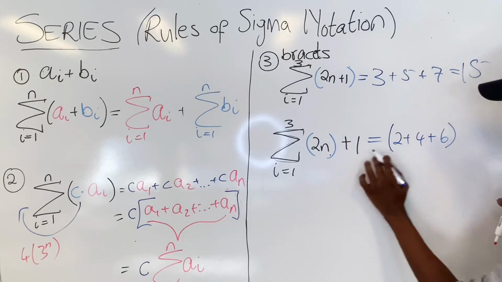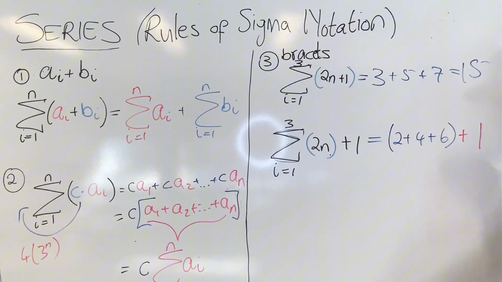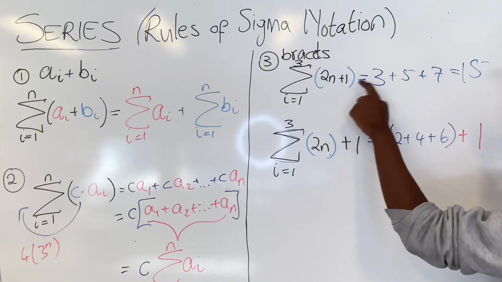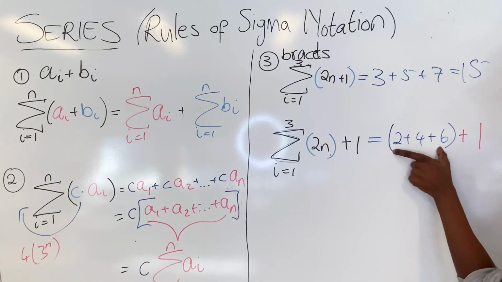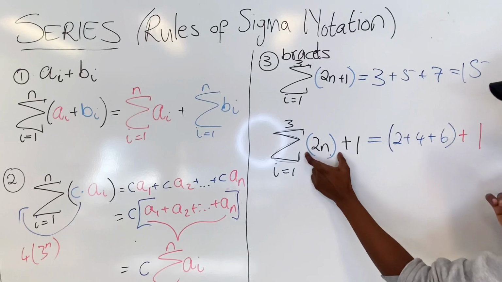And then we add plus 1. Now this one, here we added 2n plus 1 and it gave us a term. Here we find the 2n in our series and then we add 1 at the end. This one is not part of this general formula.